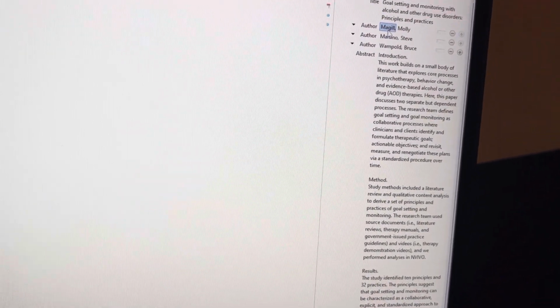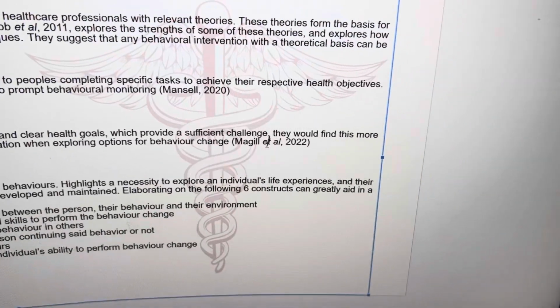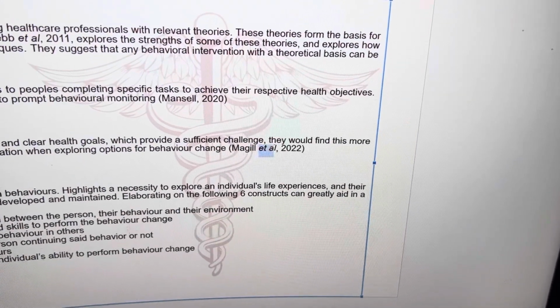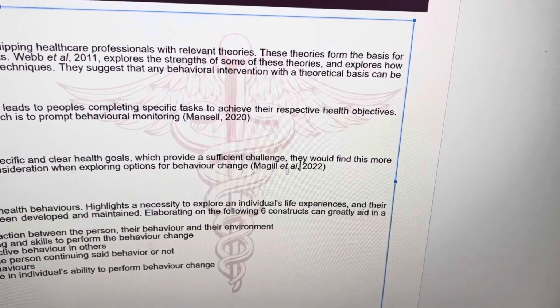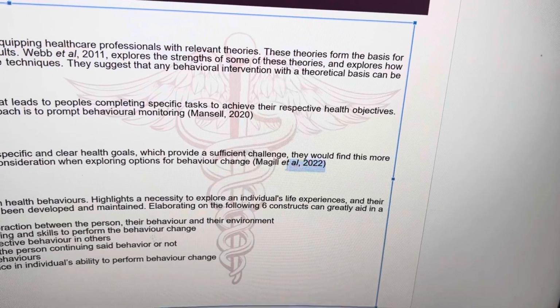What you do is take the first named author's surname, McGill, and the date, 2022. Then in italics you write et al, which means and all others. So McGill et al., comma, 2022. And this is how you do in-text referencing.